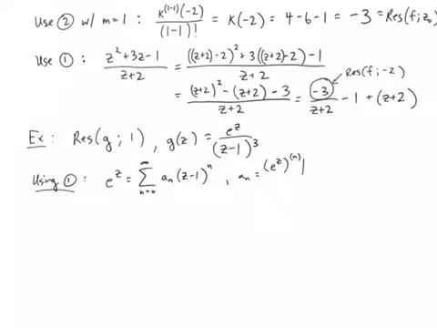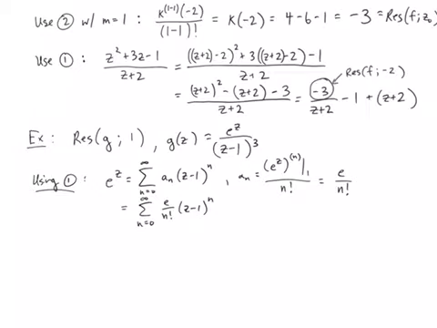We evaluate that nth derivative at 1, and then we divide by n factorial. Remember, the nth derivative of e^z is just e^z, and then plug in 1, you just get e. So that's just e over n factorial. All right, so this is equal to the sum from n equals 0 to infinity of e over n factorial times (z − 1)ⁿ.